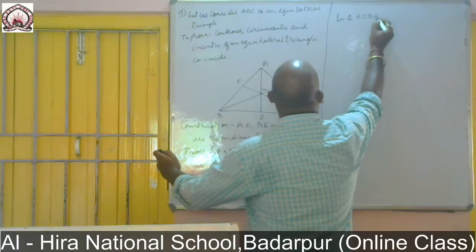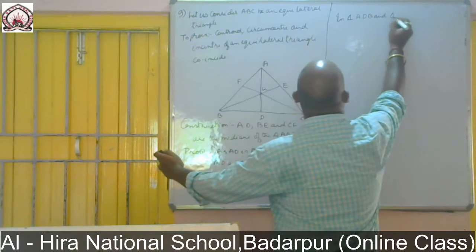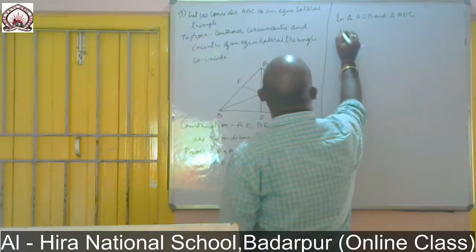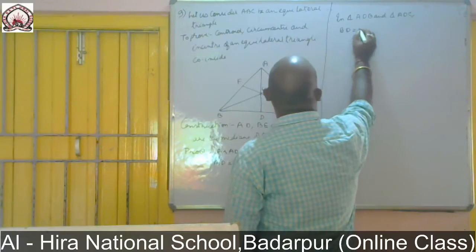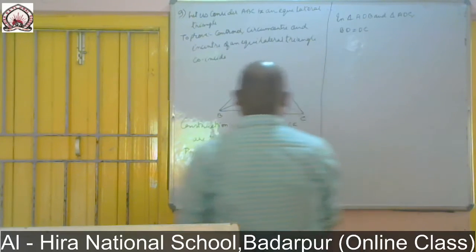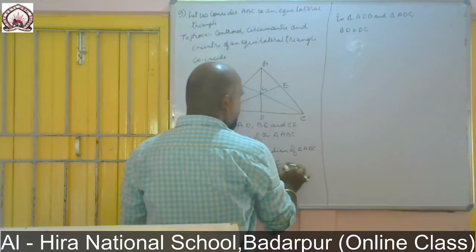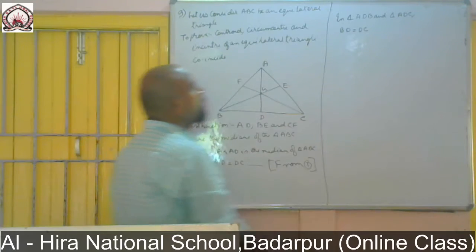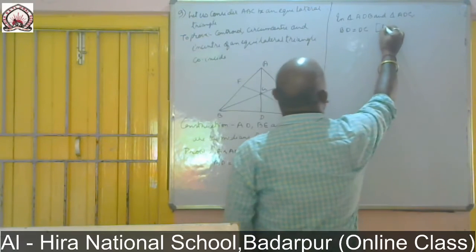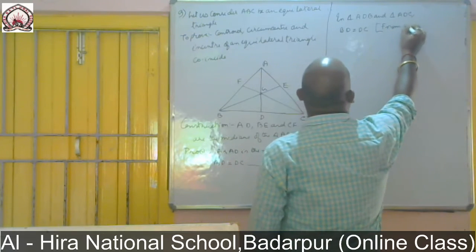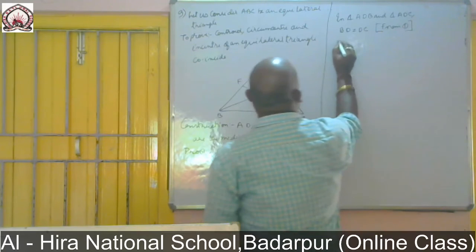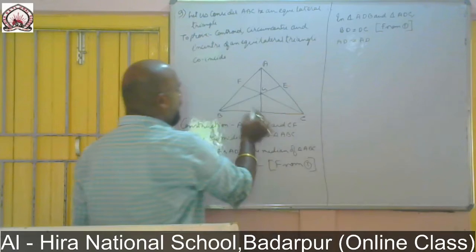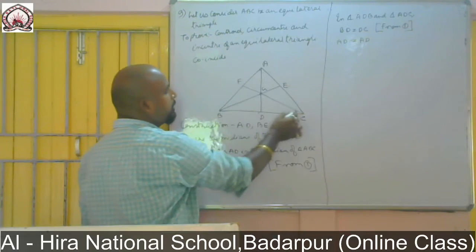Now in triangle ADB and triangle ADC, okay, BD equal to DC. This is from 1. Okay. AD equal to AD.